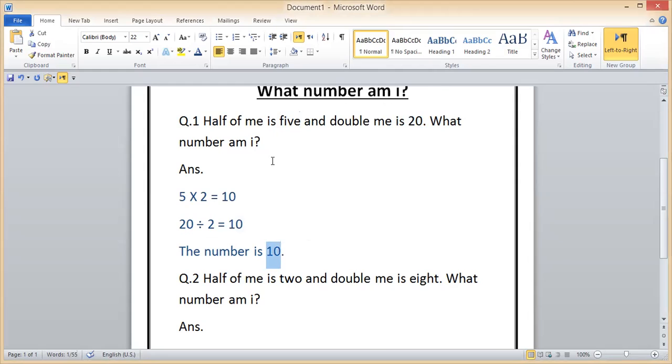If you want to check, look, half of 10 is 5, and double of 10 is 20.